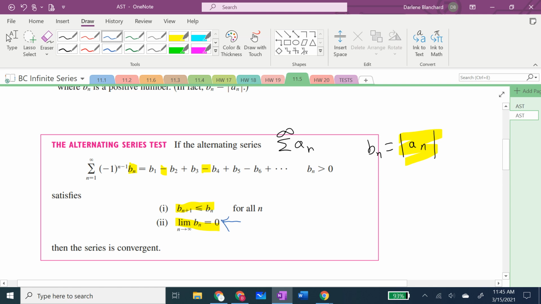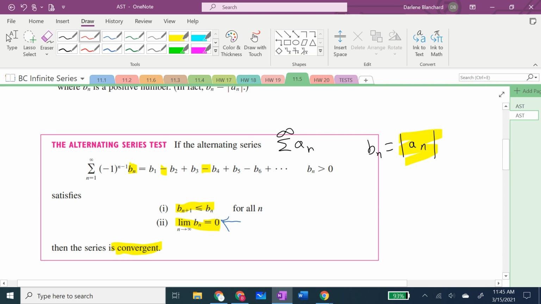If you find that the absolute value of the terms are not heading to zero, you're not going to be able to use alternating series test, because this only shows you that you have a convergent series. That's it. If this limit is not equal to zero, then you're going to be able to turn to the nth term test for divergence, and that one will tell you that you diverge.